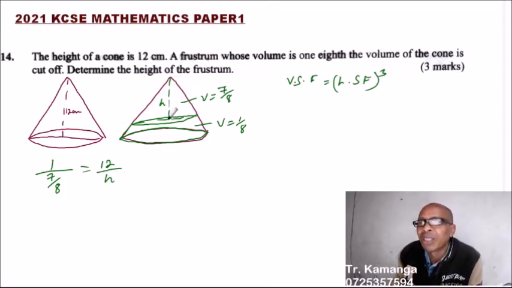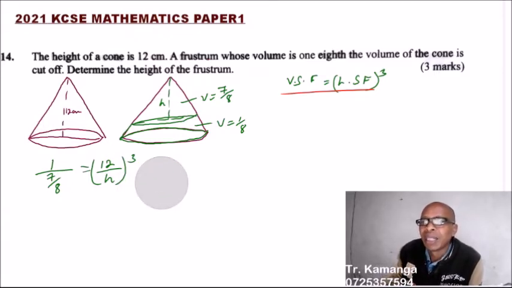Once we get the height of the small cone, we'll be able to get the height of the frustrum because we know the total height. Now this is actually cubed because we are using the volume scale factor.